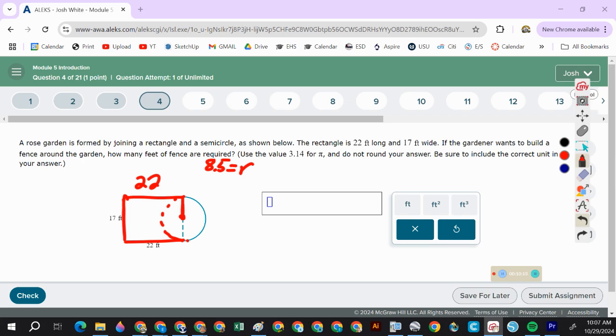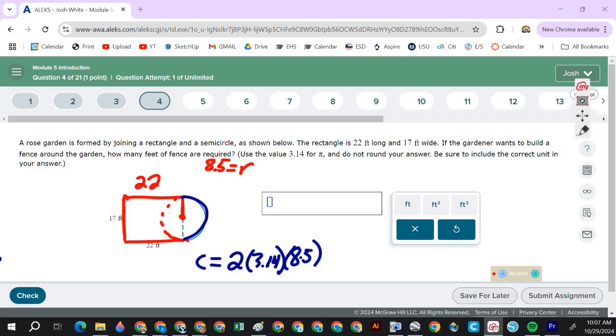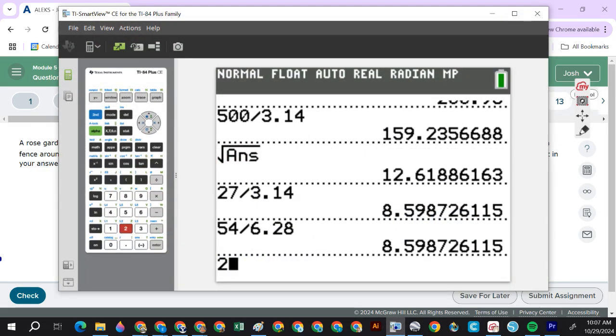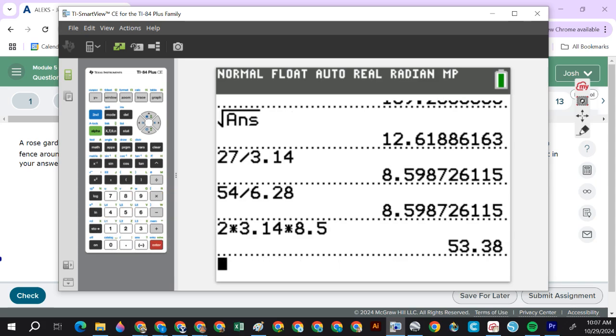So how far is it from here to here? Well, it's going to be half of a circumference. So the circumference of that circle is 2 times 3.14 times 8.5. Let's calculate that. So the entire circumference of that circle is 53.38.